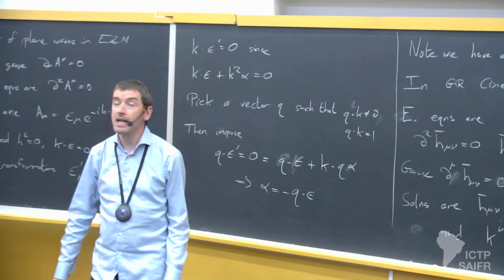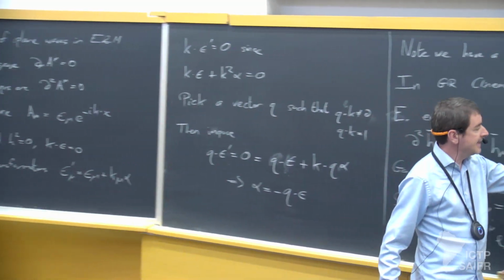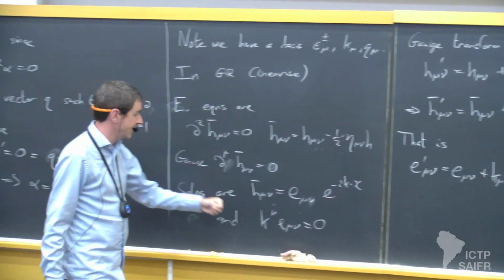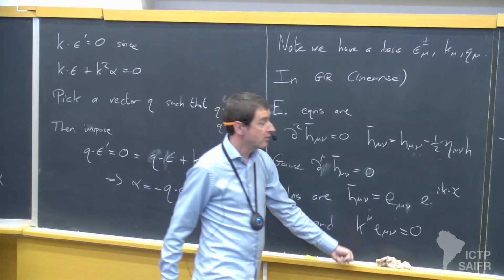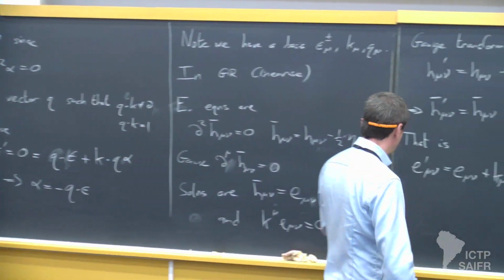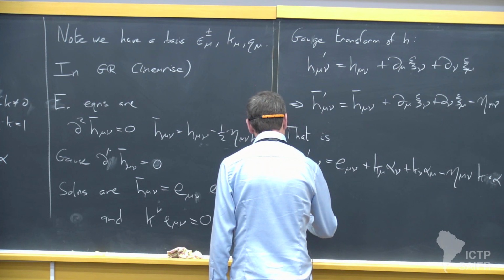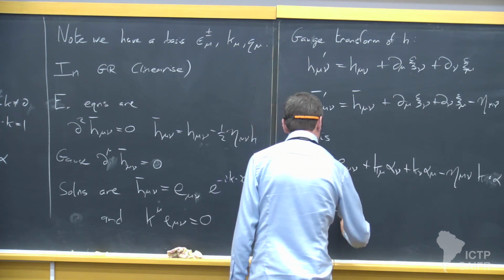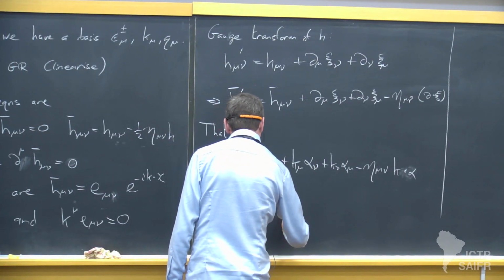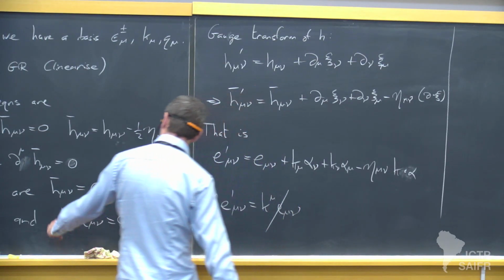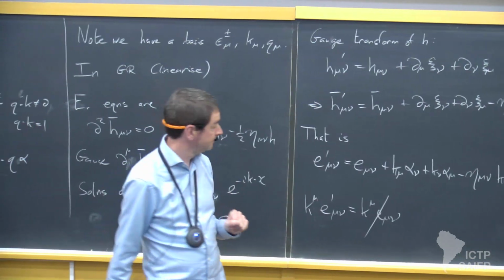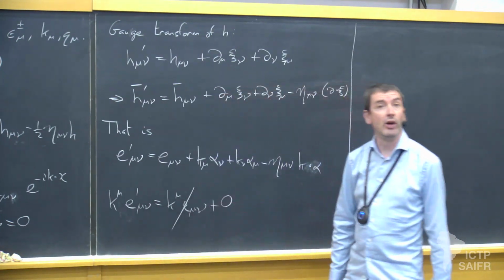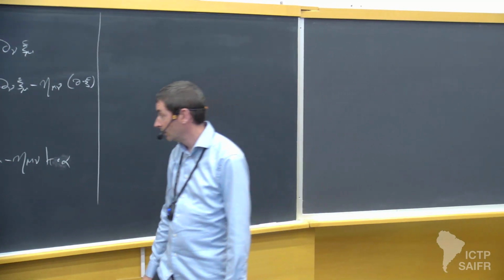Now, the first thing to note about this is if e mu nu satisfies this de Donder condition, so does the e prime. To see that, we can compute what k mu dotted with e prime is. It's k mu with e mu nu, which satisfies de Donder, because that's what I started with. There's a plus k squared, and k squared is 0, right? Because that was the Einstein equation, basically.